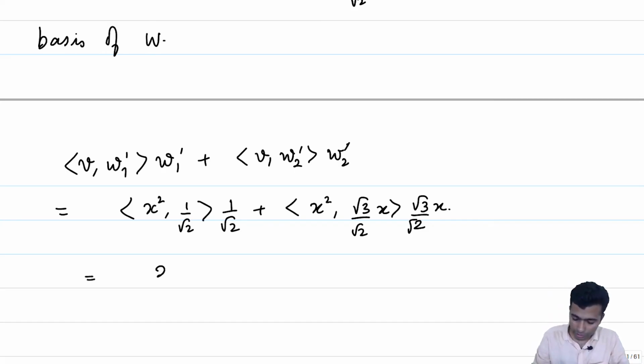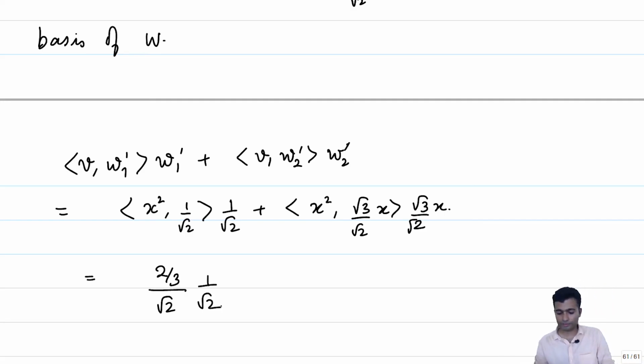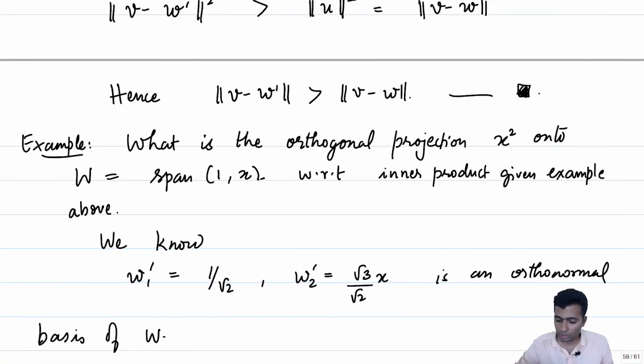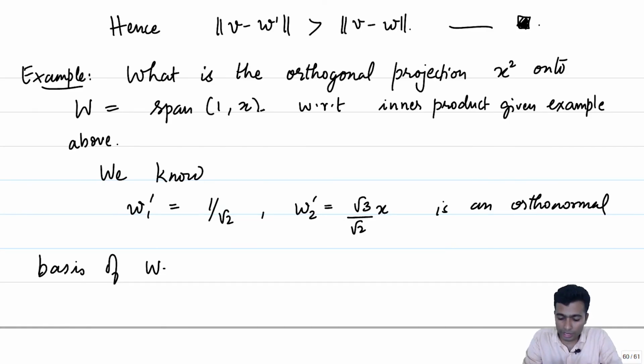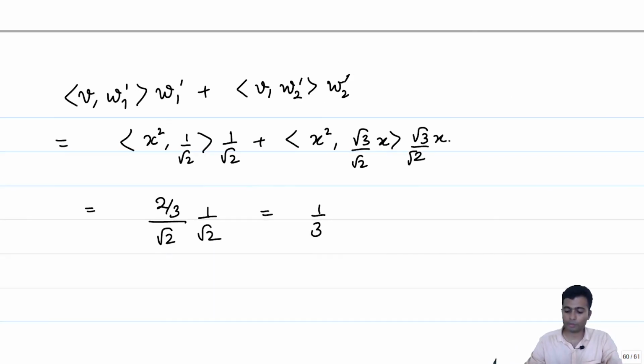This is just going to be 2 by 3 by root 2 times 1 by root 2, and the next term vanishes, and this is hence equal to 1 by 3. So the orthogonal projection of x square onto the subspace generated by 1 comma x, the closest linear polynomial, is nothing but the constant polynomial given by 1 by 3.